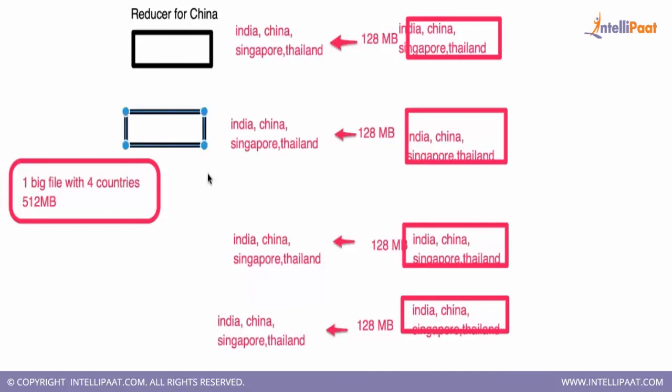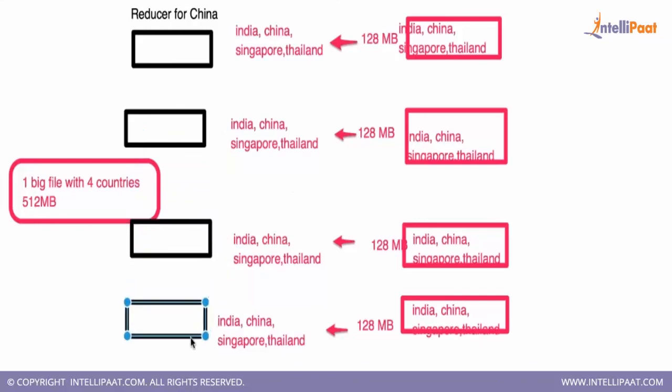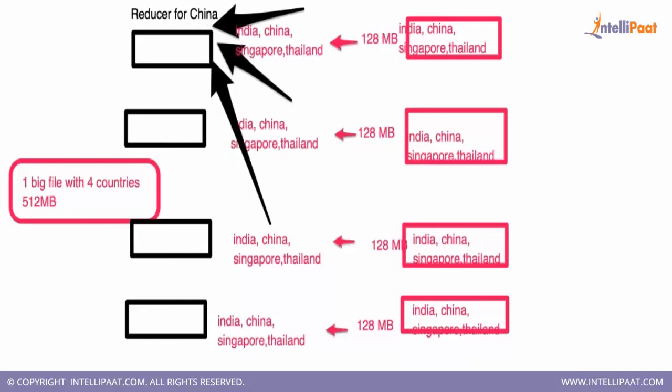The reducer for Singapore is here, and the reducer for Thailand is here. That means all China will go here, and China will go here.